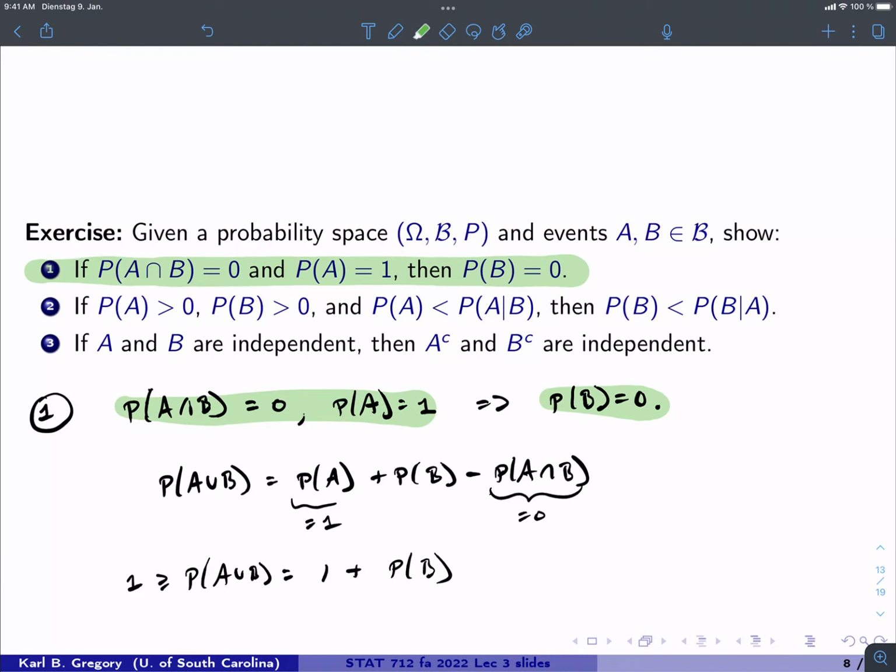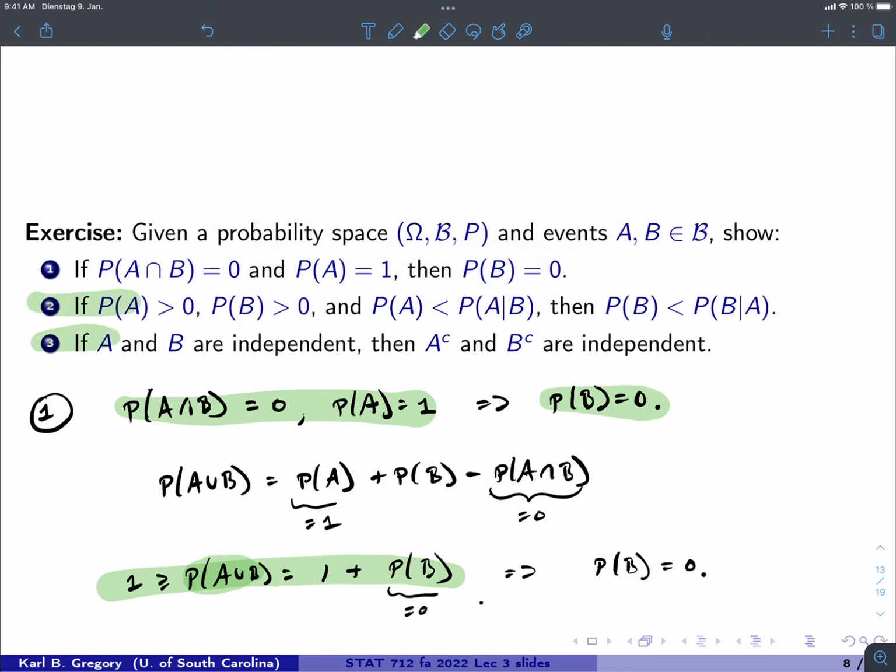And so, because I can't have a probability exceeding 1, probability of B must be equal to 0. Okay, so you can, on your own, try to do these next couple ones.